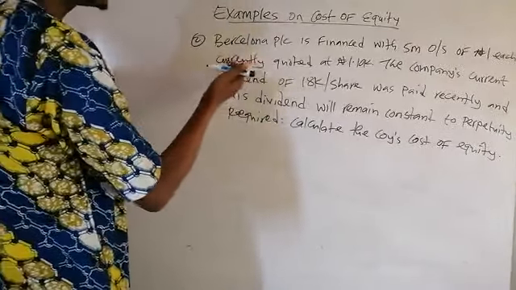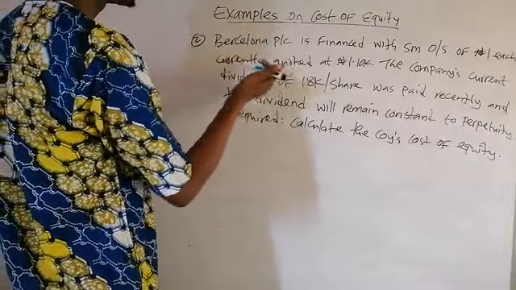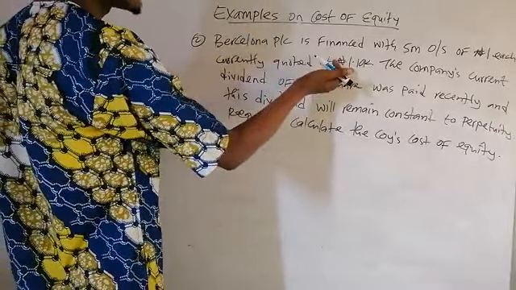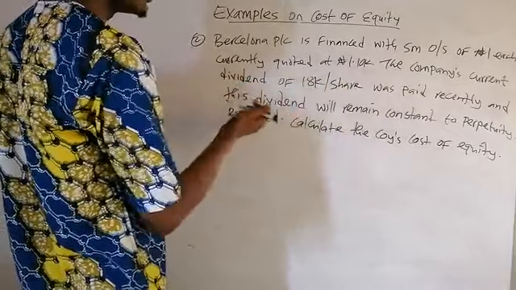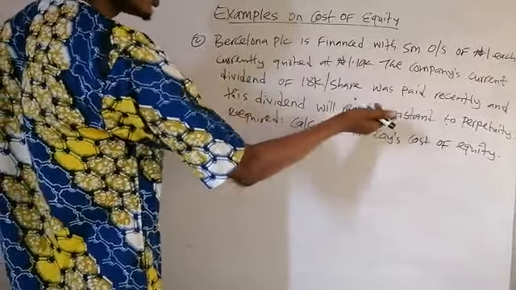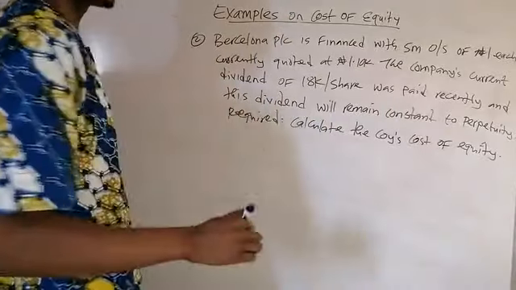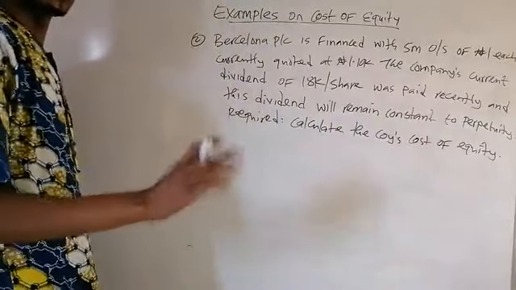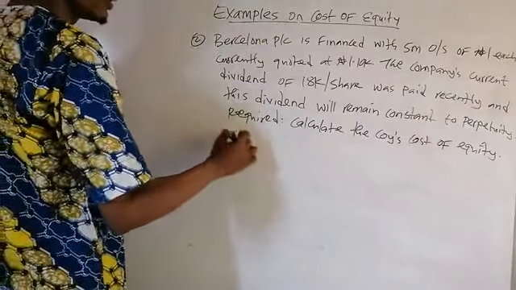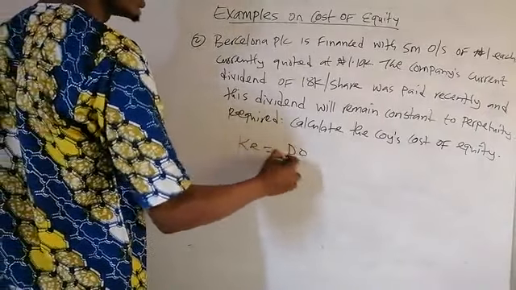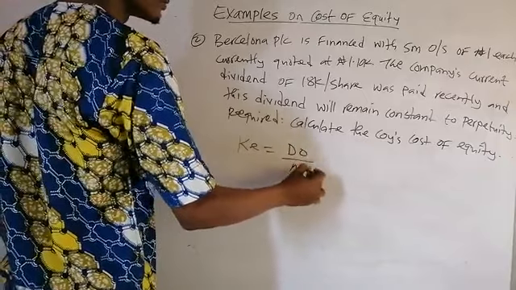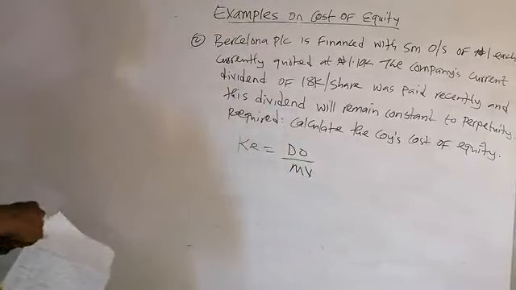Looking at it, the currently quoted is the market price. The company's current dividend was paid recently and will remain constant to perpetuity. That is to say, the dividend will not grow. So therefore, we have the formula Ke is equal to D0 all over MV. That's the formula to use.